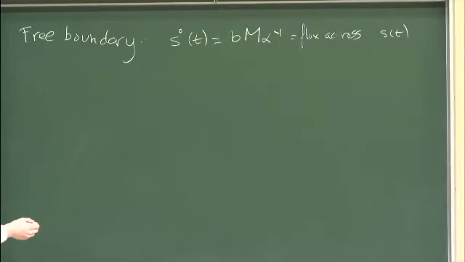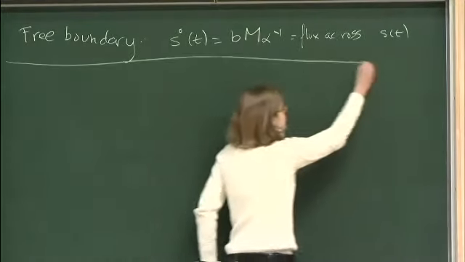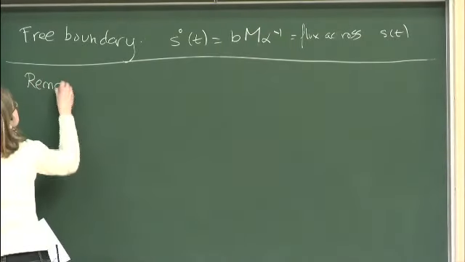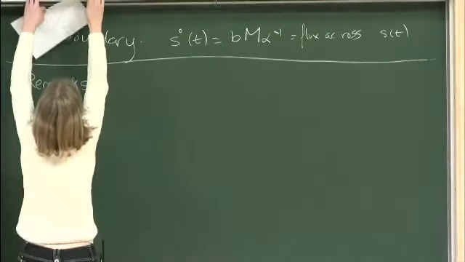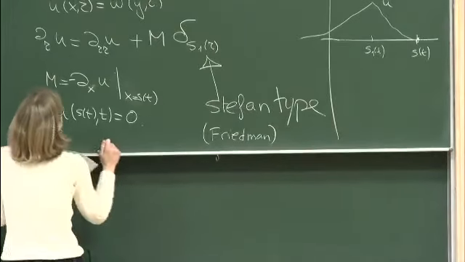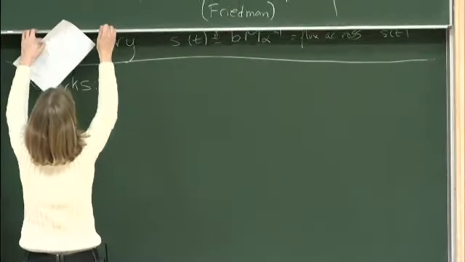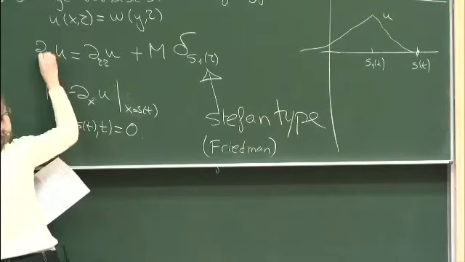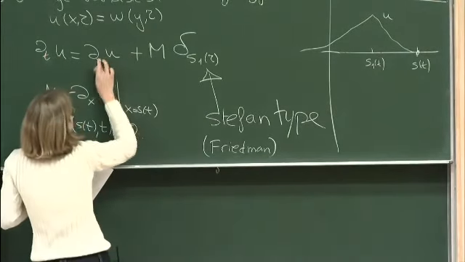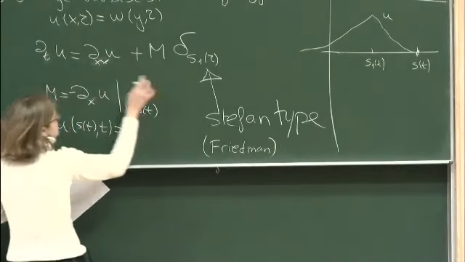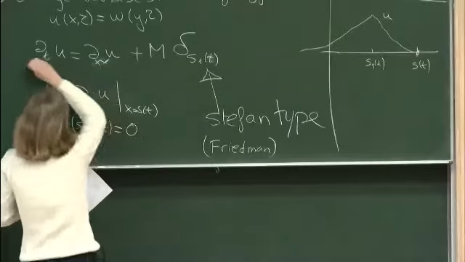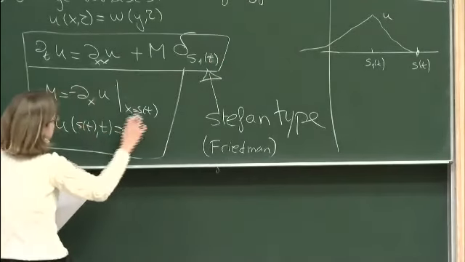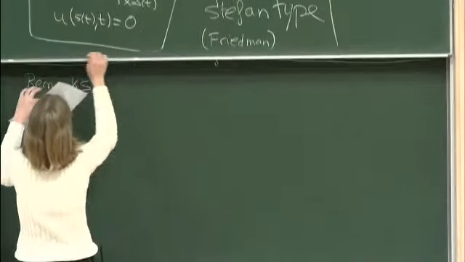Now, let me give you some remarks on the equation. Okay, guys, if you forgive me, let me rename the time to t. It's x, s1 of t. Okay, there you go. So that's our equation.